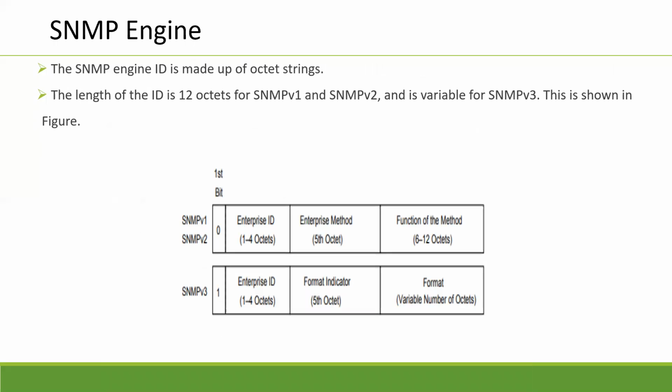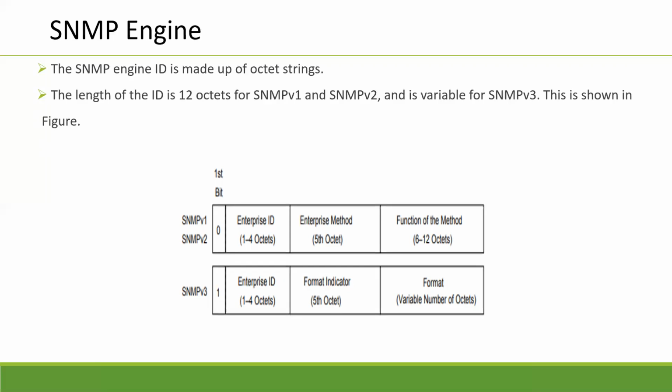Now, in detail about the SNMP engine, a small introduction. From the below diagram, we can follow that an SNMP entity has one SNMP engine, which is uniquely identified by an SNMP engine ID. The SNMP engine ID is made up of octet strings. The length of the ID is 12 octets for version 1 and version 2, and variable for SNMPv3.